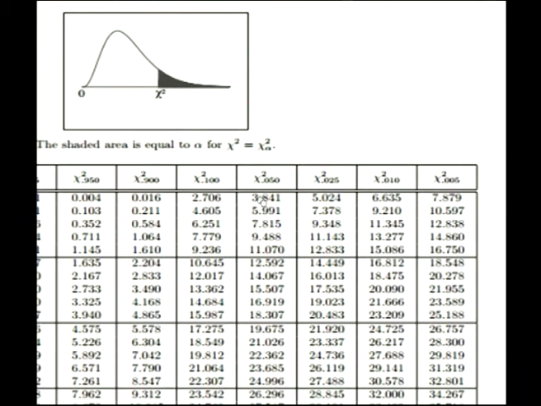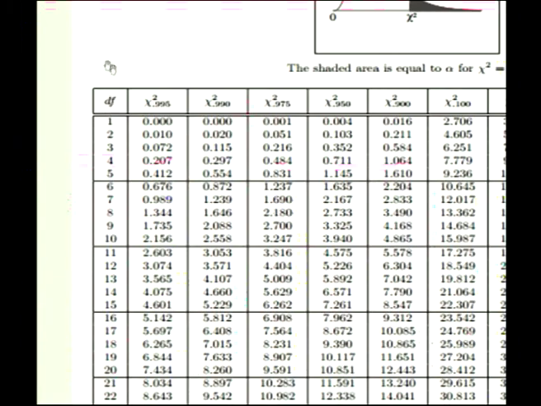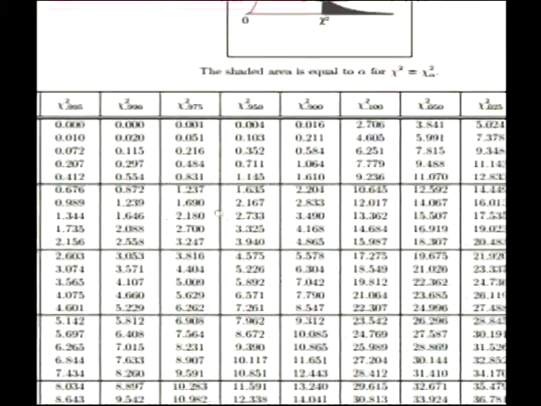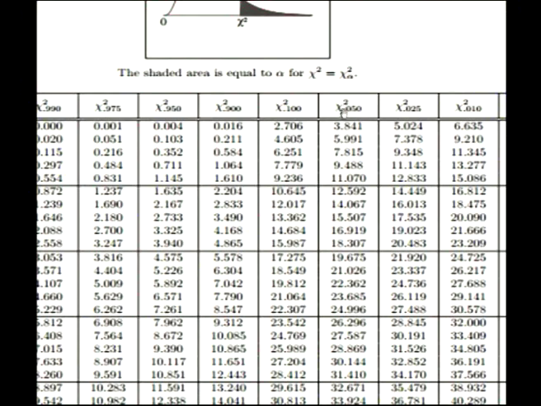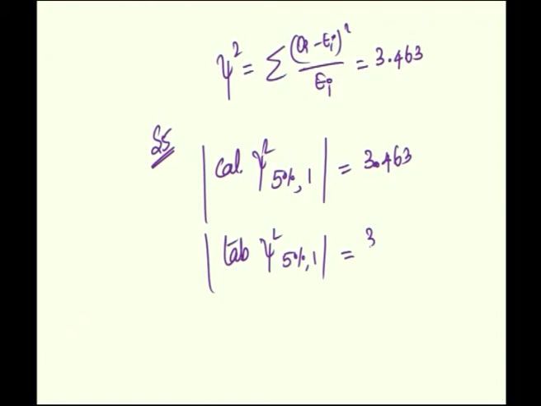This is the value 3.841, for 1 degree of freedom. For 1 degree of freedom, the corresponding chi-square value at 0.05 is 3.841. Just compare: 3.463 is lesser than 3.841. Therefore, calculated chi-square is lesser than tabulated chi-square.